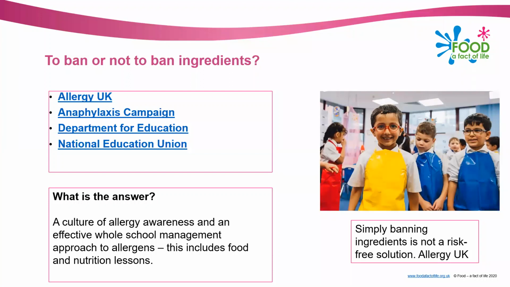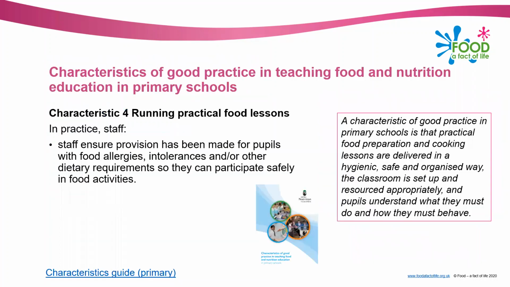Schools need to find a way around it rather than just banning ingredients, because you may provide a completely nut-free, egg-free, dairy-free environment, but when the pupils go out with the school, it's not going to be nut-free or dairy-free or egg-free. So it's important that the whole school, all of the pupils, the teachers, the management, develop this culture of allergy awareness and effective management. Okay, so we'll talk about practicalities of that as we go along.